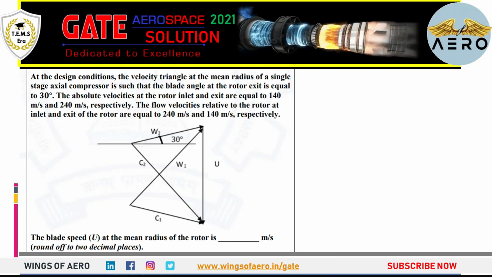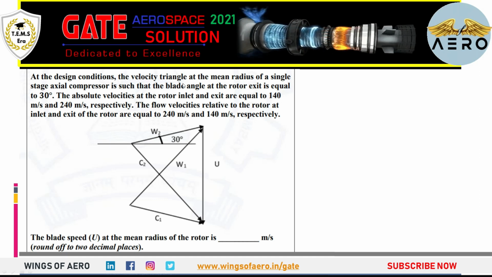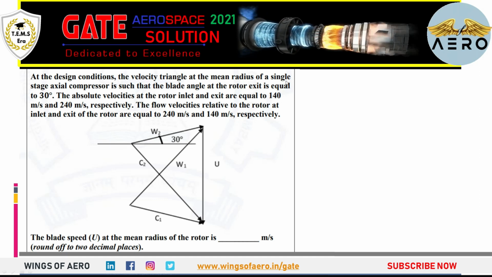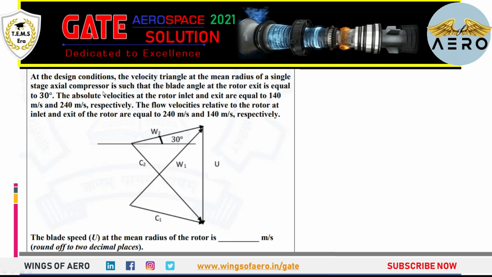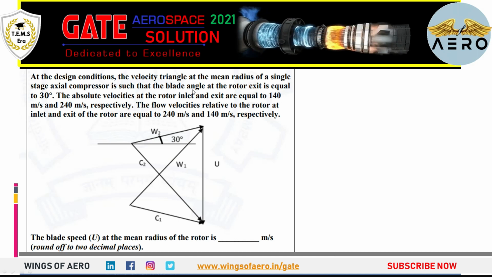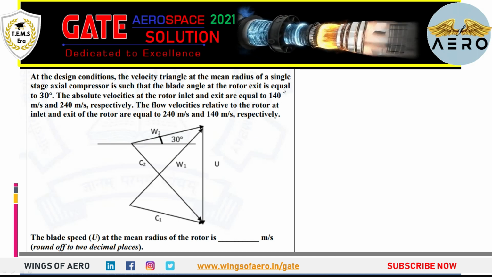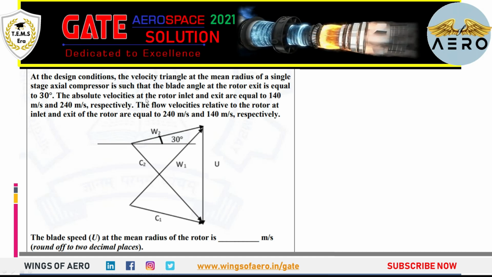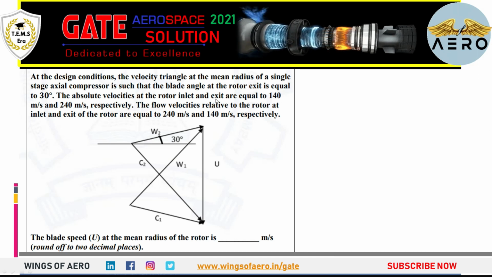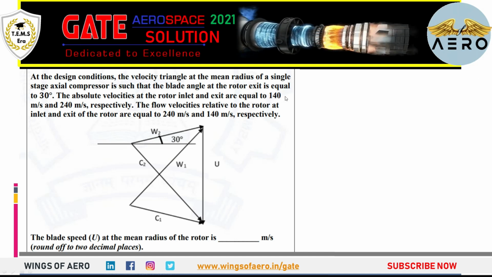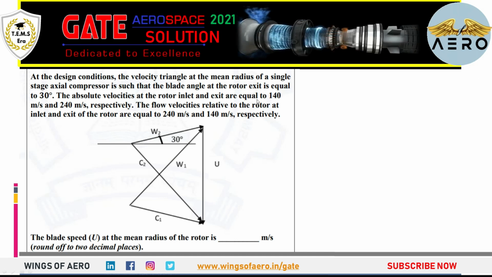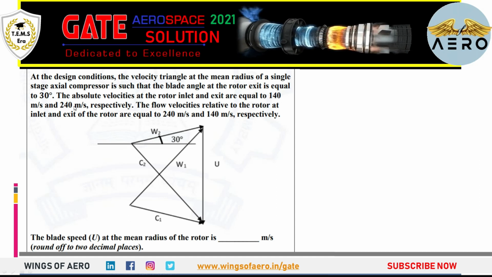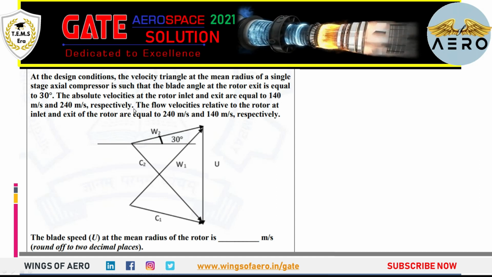At the design condition, the velocity triangle at the mean radius of a single stage axial compressor is such that the blade angle at the rotor exit is equal to 30 degrees. The absolute velocities at the rotor inlet and exit are equal to 140 meter per second and 240 meter per second respectively.